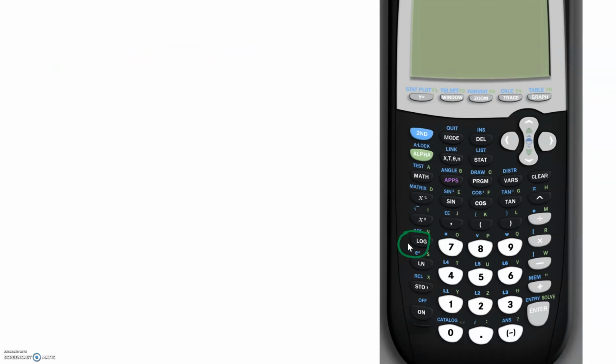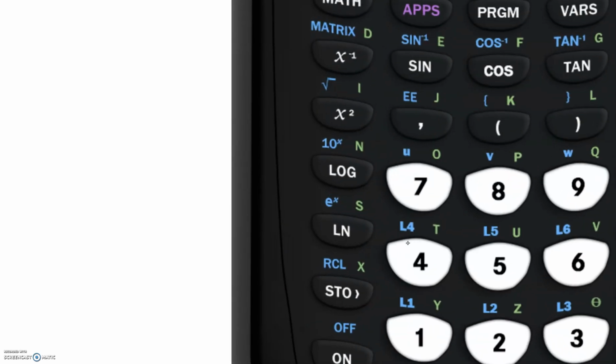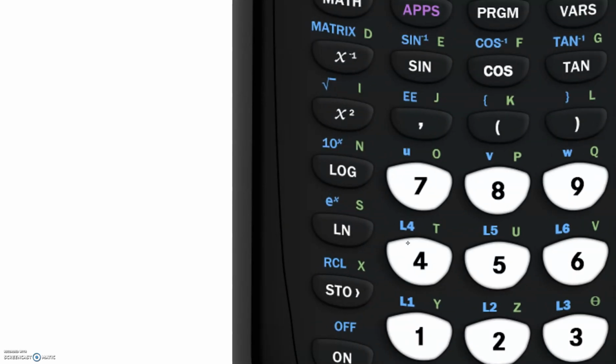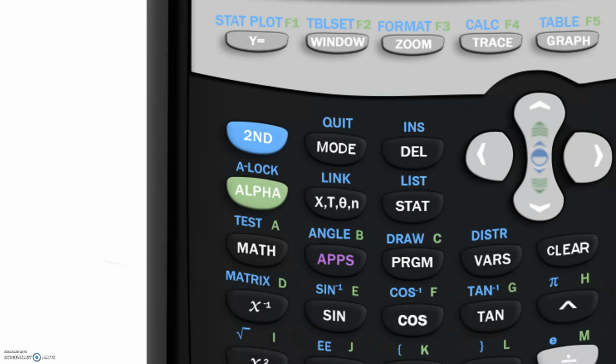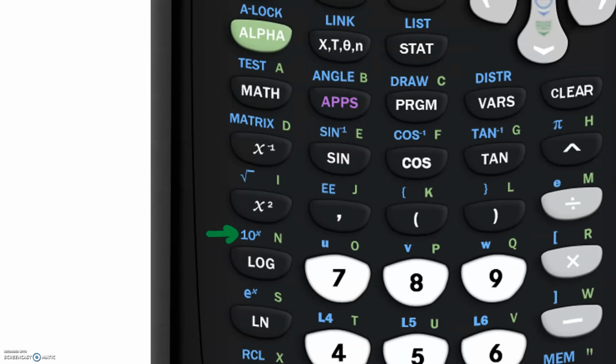To get to the anti-log, let's zoom in a bit. This right here, 10 to the x, that's the anti-log. How do you get to it? Well, it's blue, and it's over the top of the log button. That means we're going to use our second key, just like we did to get to the EE function on our comma key.